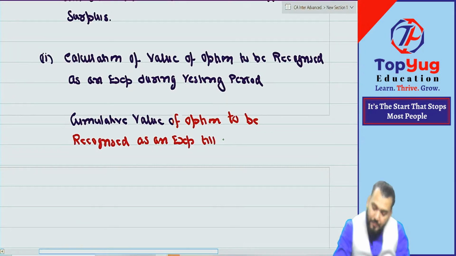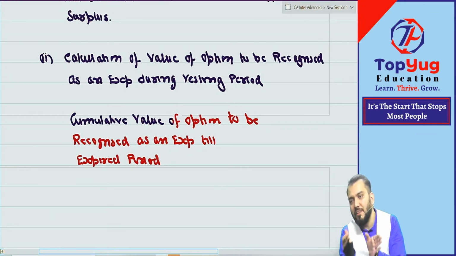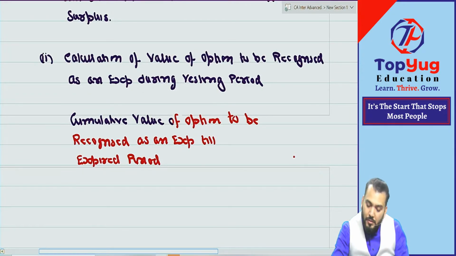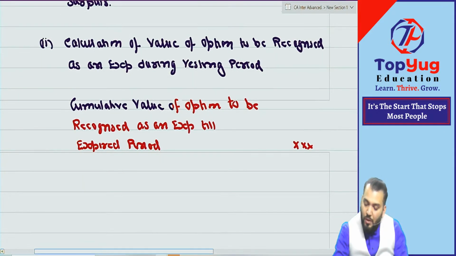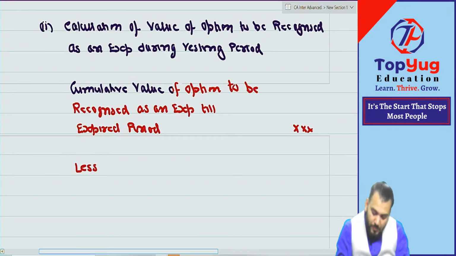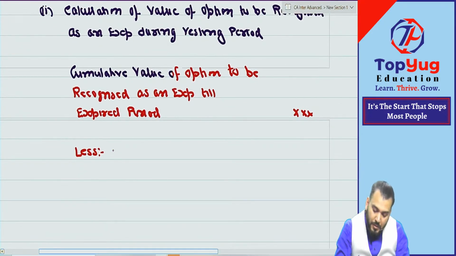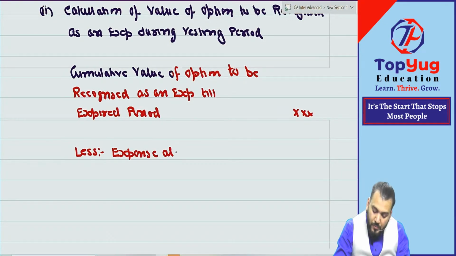Understood? Till the expired period means suppose out of 3 years, 2 years have been expired, so first we'll calculate only for 2 years, correct. So this will be the amount. From this we'll deduct what? Less: expense already recognized in prior years.